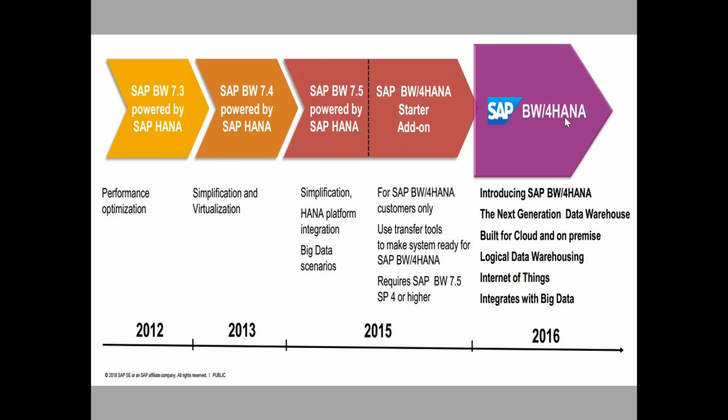Instead of calling it an upgrade, we just call it a migration. We need to migrate from BW 7.5 to BW4HANA. To migrate the data models from 7.5 to BW4HANA, we need to have a starter add-on pack.